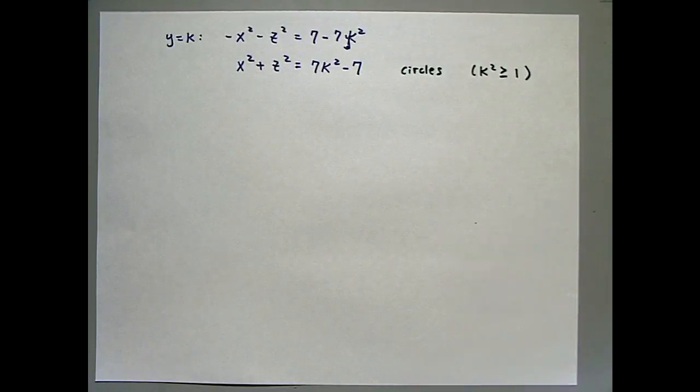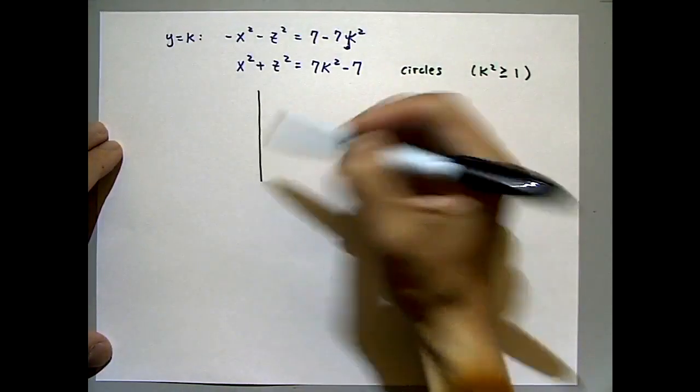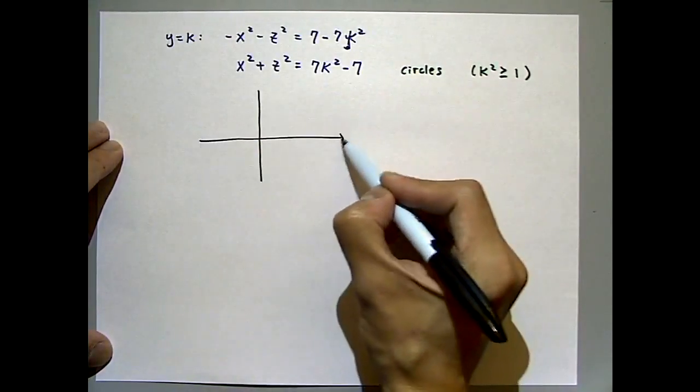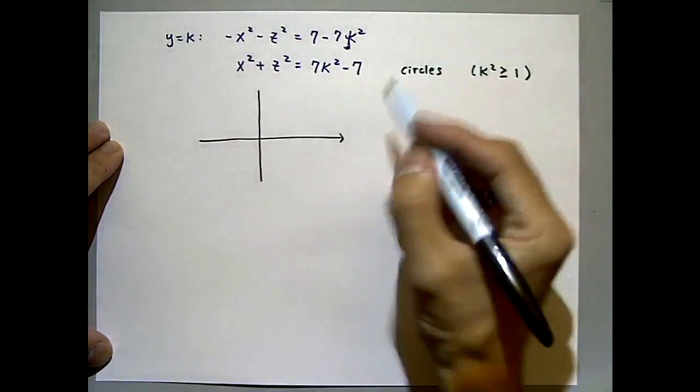Now, exactly the restriction on k is not too important at this point. Right now, we're focused on getting the shape of this surface. Okay, now let's sketch the same kind of perspective we got in the last step. We're looking at x versus z.